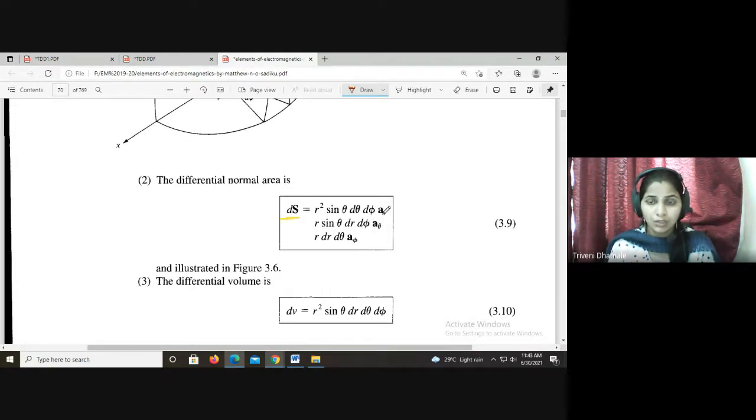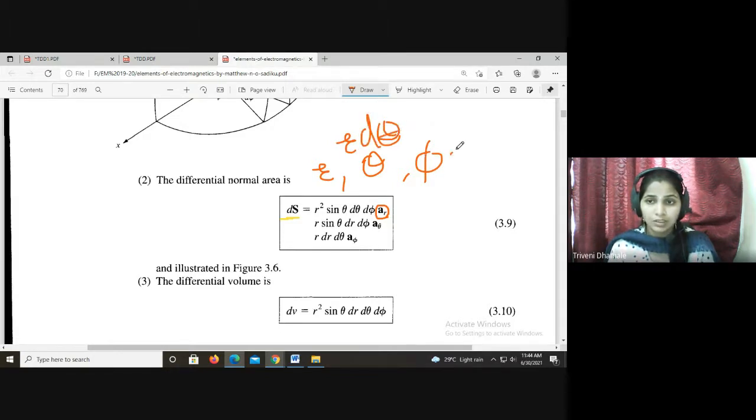So as usual, when r is constant, a r is the unit vector. For the remaining two, theta and phi, for r constant, r is the unit vector. For theta, what is the differential length? It is r d theta.